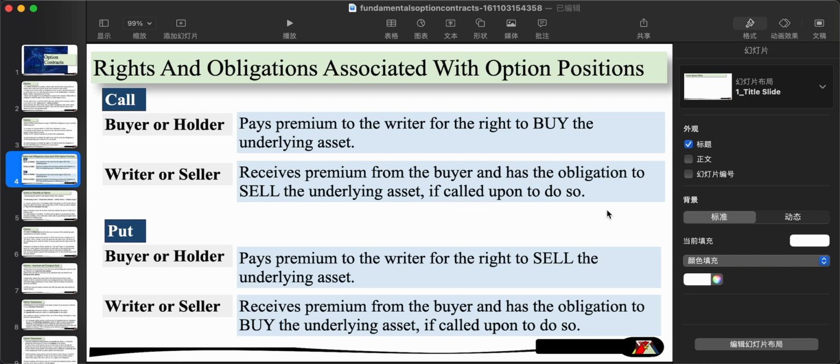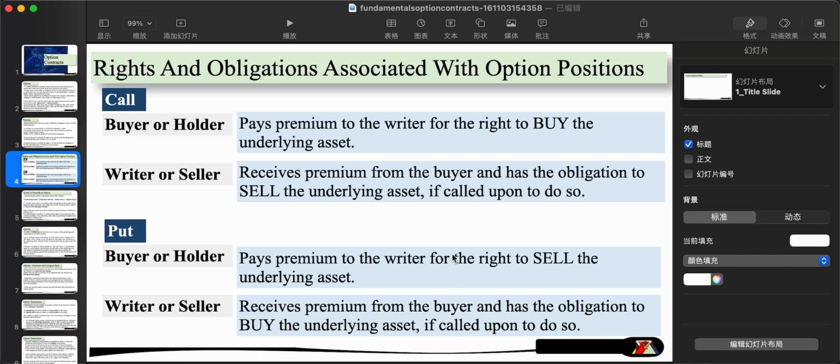Remember the car dealer example. For the put buyer or holder, you pay a premium to the writer for the right to sell the underlying assets. The put writer receives a premium from the buyer and has the obligation to buy the underlying assets if called upon to do so.